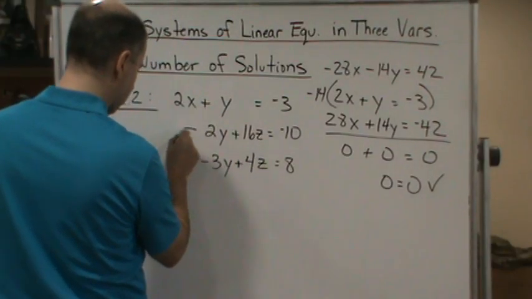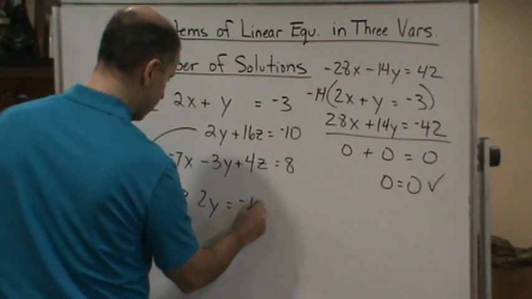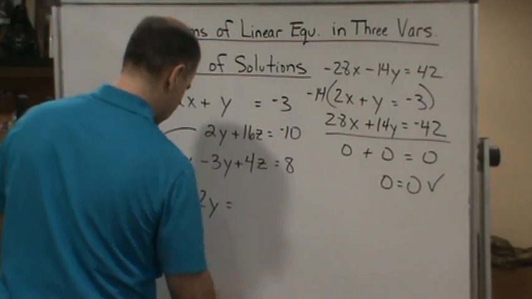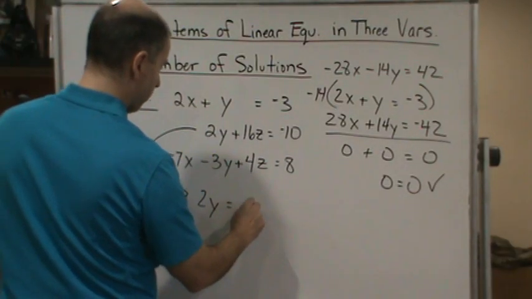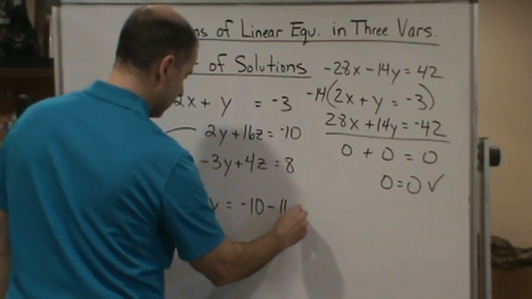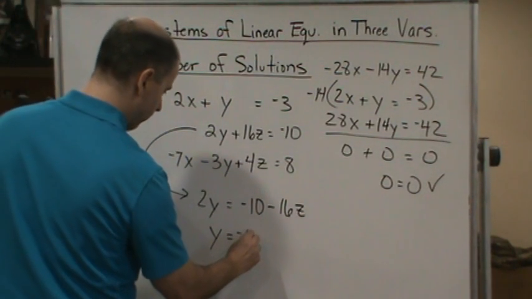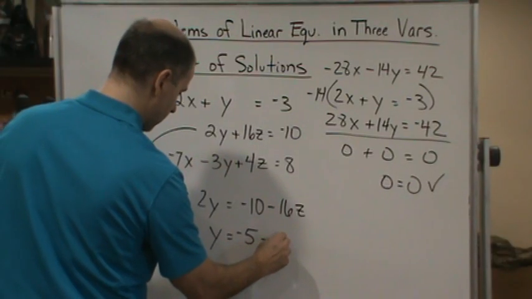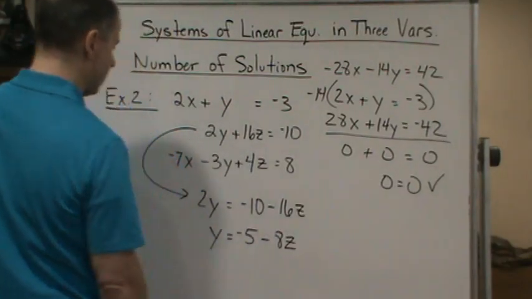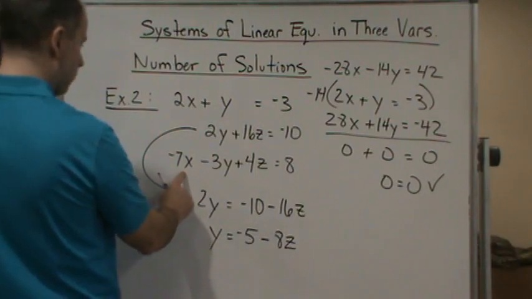This equation will give us 2y is equal to negative 10 minus 16z, and then that means y is equal to negative 5 minus 8z. Okay, so now we got y in terms of z, and now we also want x in terms of z.